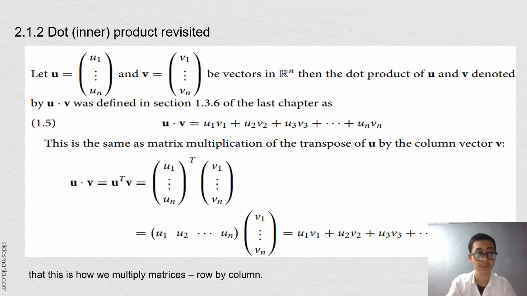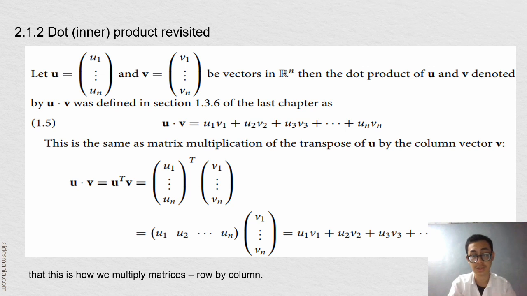Dot inner product revisited. Let u and v be vectors in R n. Then the dot product of u and v, denoted by u times v, was defined in section 1.3.6 of the last chapter as u·v equals u1 v1 plus u2 v2 plus u3 v3 plus up to un vn.